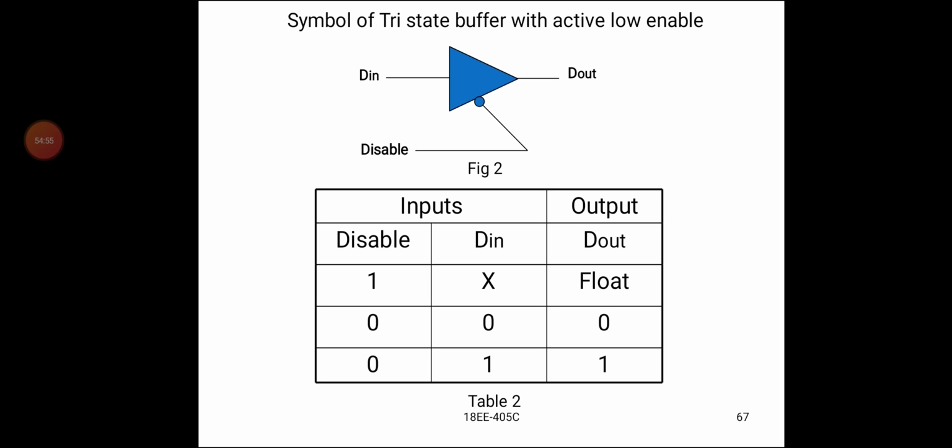Whenever the disable input is 0, if D in is 0, D out is also 0, that is low state. When disable is 0 and D in is high, D out is automatically high state.